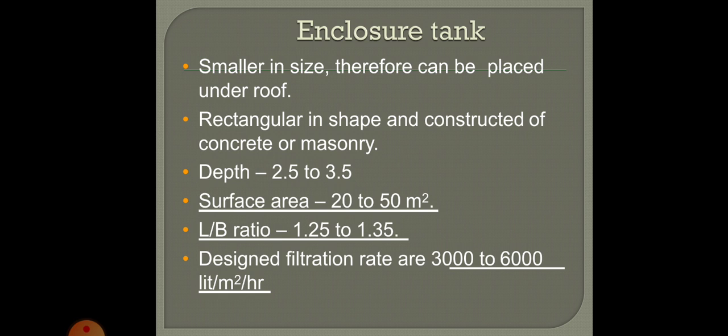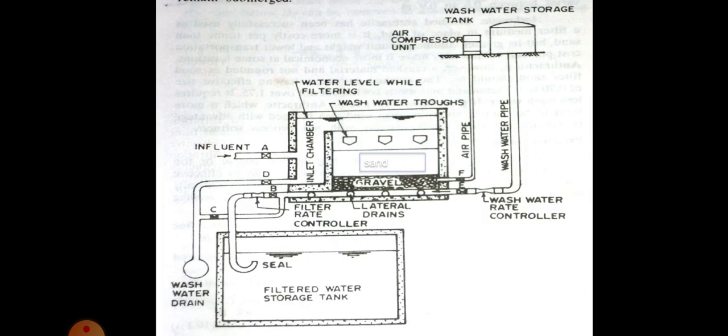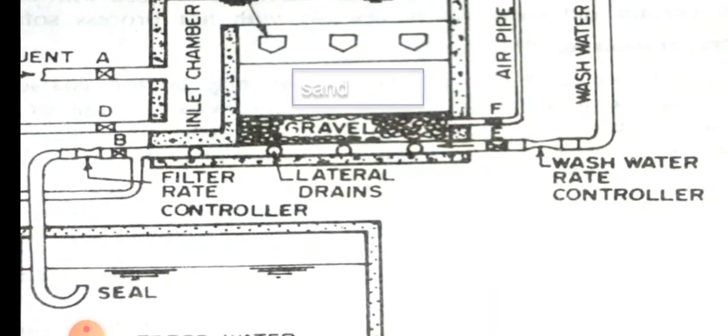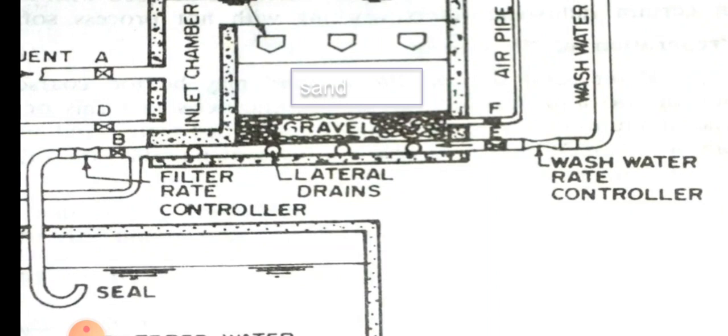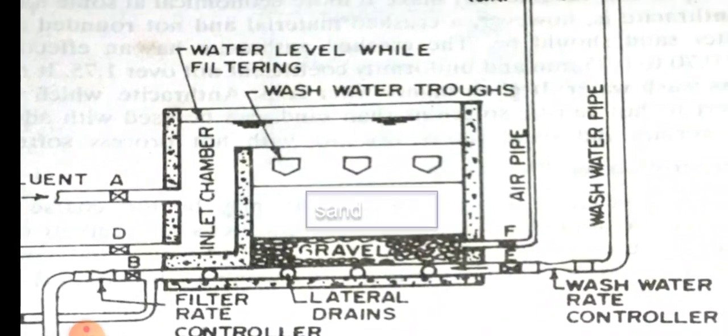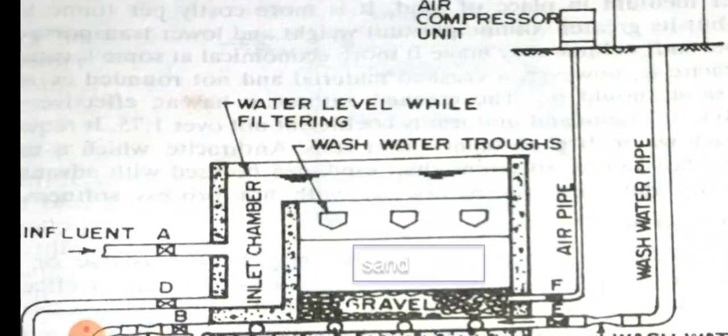In addition to the underdrainage system, the tanks will also have, as you can see in this figure, at the bottom the lateral drains. We'll discuss that later. At the top you can see the wash water troughs.